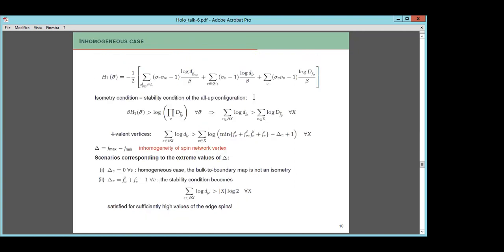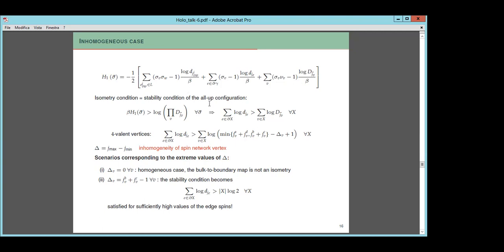In the more general case, in which the spin assignment is general, every pair of spins interacts with a different strength, which is proportional to the corresponding link.